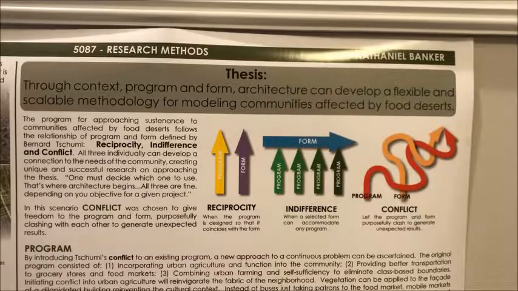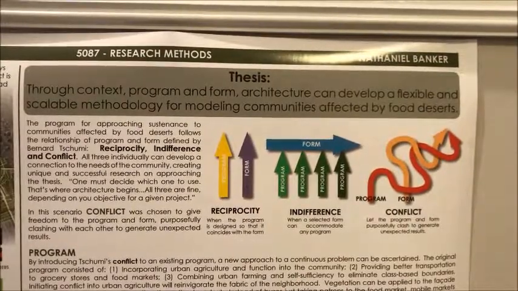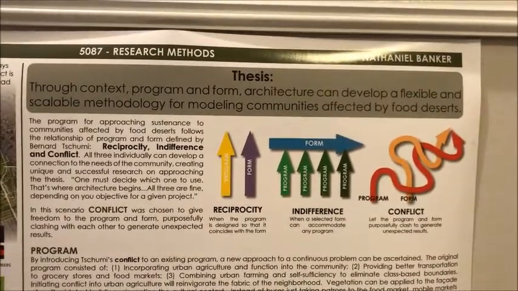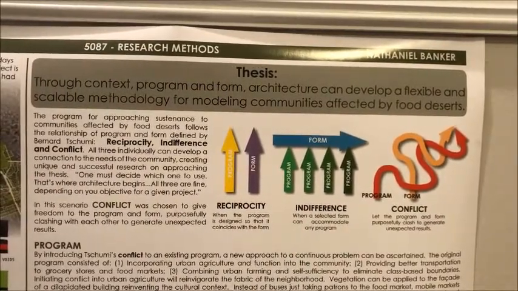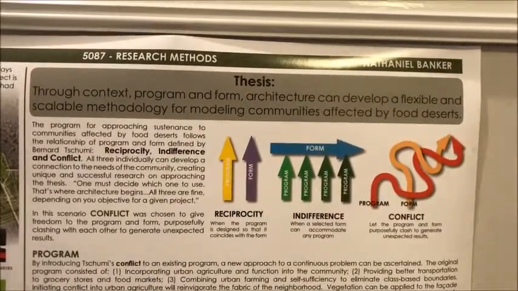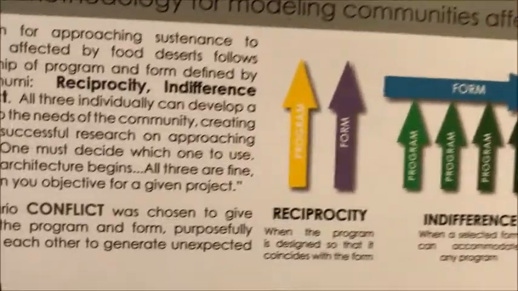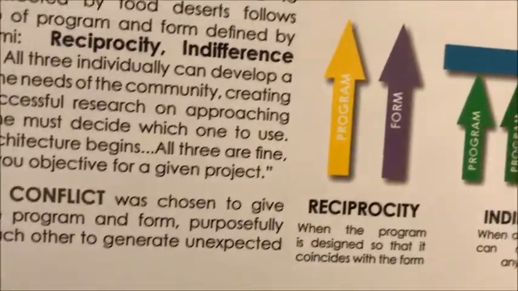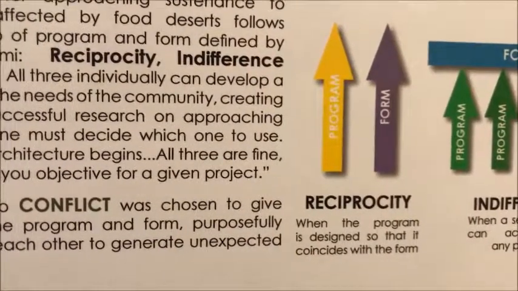Now that we understand our discourse and methods, the program for approaching sustenance to communities affected by food deserts follows the relationship of context and form defined by Bernard Tschumi: reciprocity, indifference, and conflict. Reciprocity is defined by when the program is designed so that it coincides with the form.